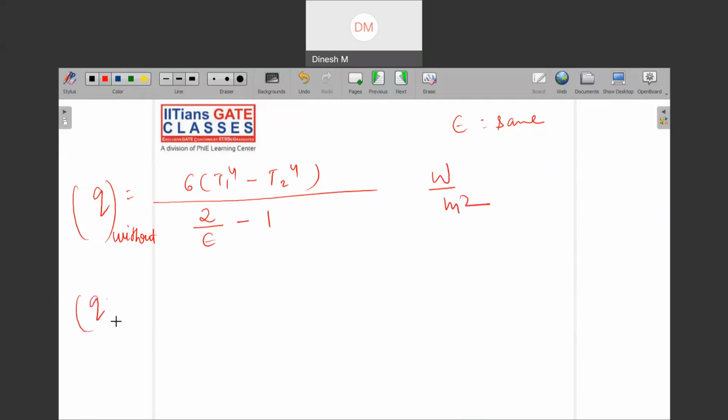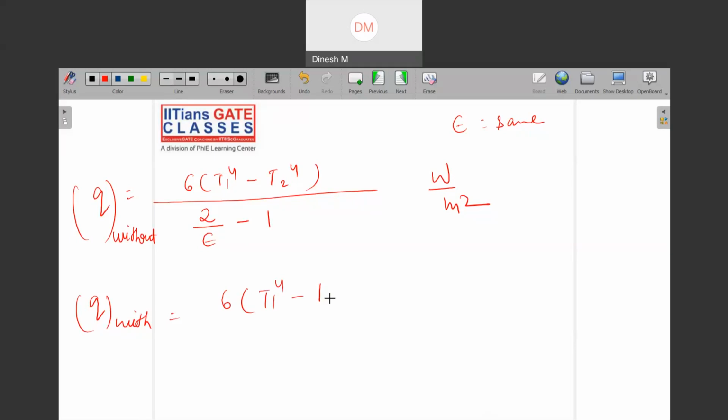Now let us go for q with the shield. This is sigma (T1 to the power 4 minus T2 to the power 4) divided by, if I go on writing the resistances, 4 upon E minus 2. And if you take 2 as the common factor, then this becomes sigma (T1 to the power 4 minus T2 to the power 4) divided by 2 times (2 upon E minus 1), where 2 upon E minus 1 was the earlier case.